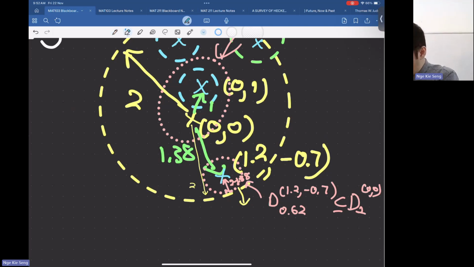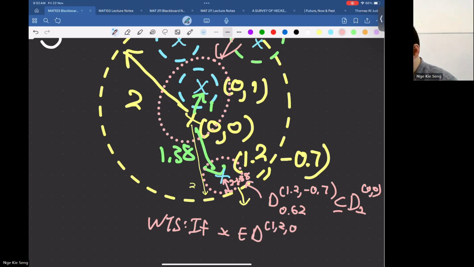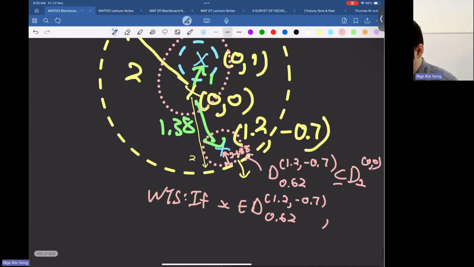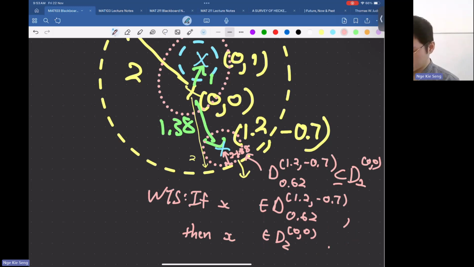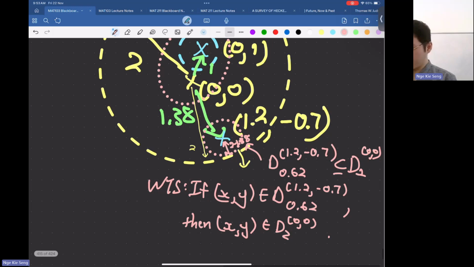So we want to show that if x lives inside this here, then x will live inside D of 2 at (0, 0). Okay, so well, let's not use x only, use (x, y) because we live in R2. Okay, how to verify this?